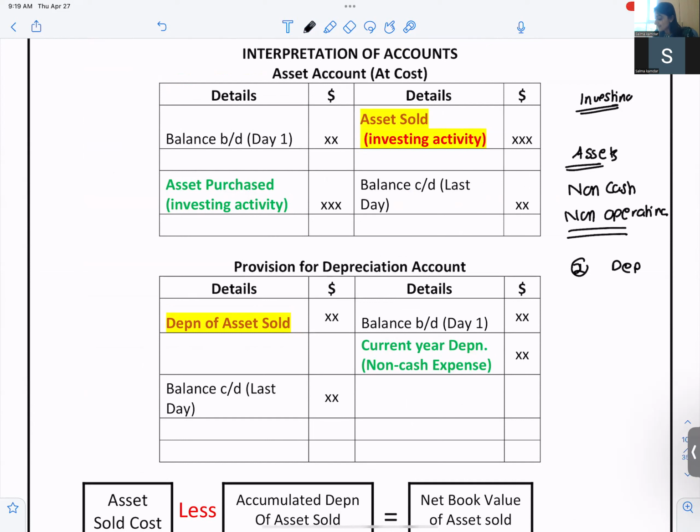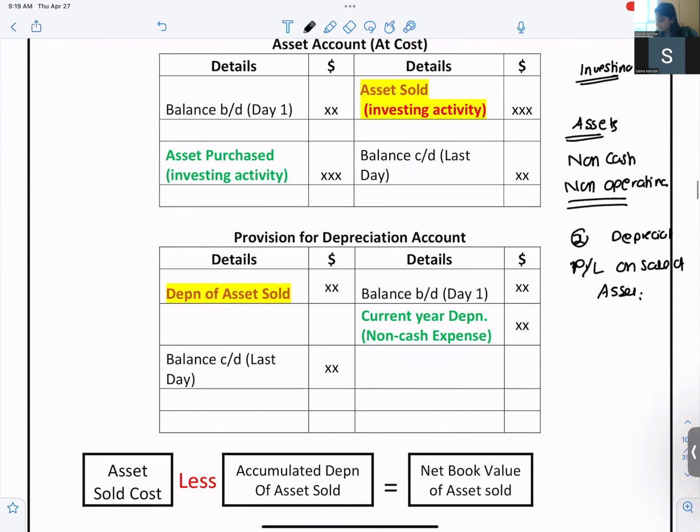That is your depreciation and profit or loss on sale of assets. If you have any profit on sale of assets, it is your non-operating income. And if you have a loss on sale of assets, it is your non-operating expense. Non-operating expenses you're going to add, and non-operating income you're going to subtract.